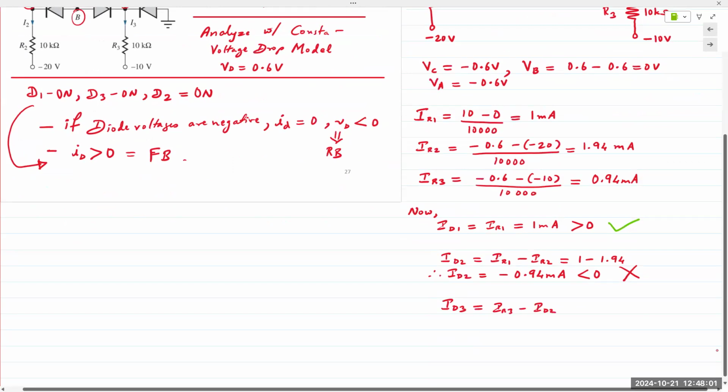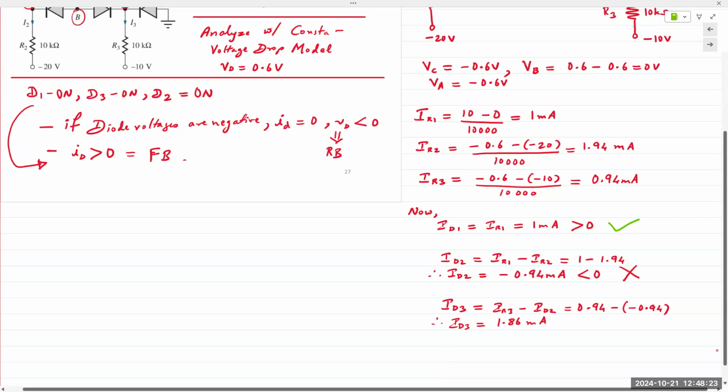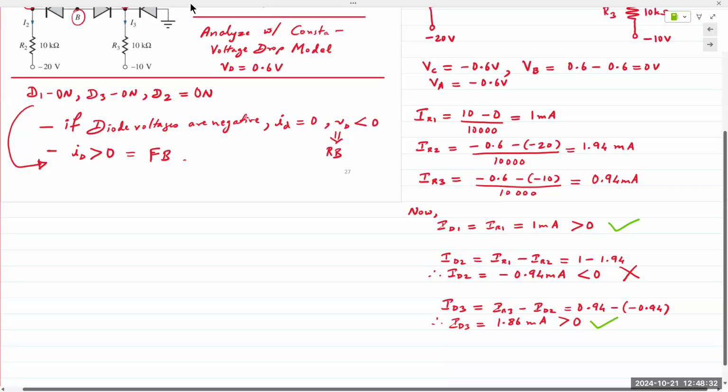And so I get 0.94 minus of minus 0.94. And therefore ID3 is 1.86 milliamps, which is greater than 0. And hence my assumption that D3 is on is also verified.